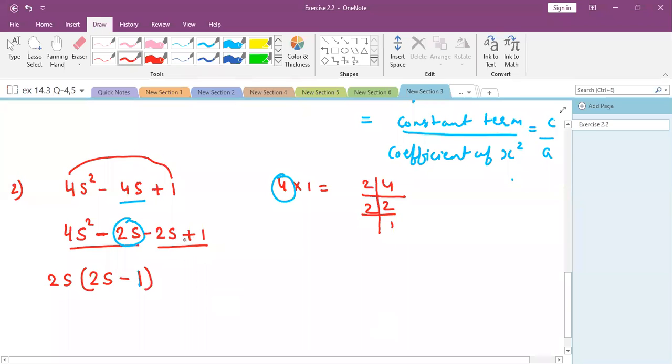Now students, if you see the last term is positive here, plus 1. But in the first bracket, what sign is there with 1? Minus in the bracket. So it should not be plus, there we need minus. So if we want to change plus to minus, definitely we have to take minus common. So we will take minus 1 common. So with 2s, if we take minus common, it will become plus 2s, and plus 1 will become minus 1.